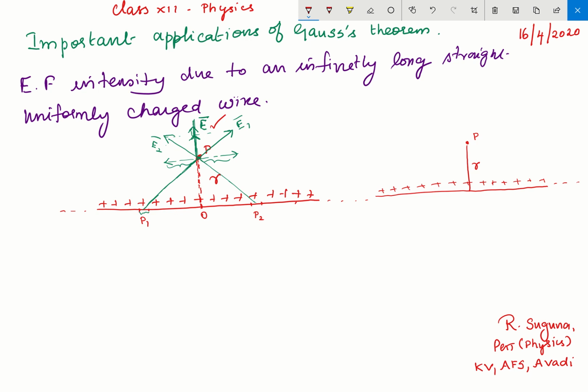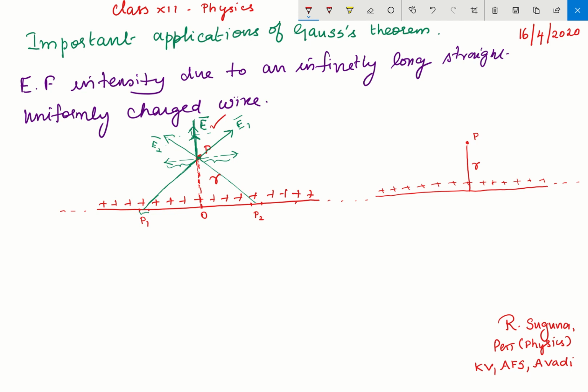Now I have to find out the magnitude. For that you have to apply Gauss theorem, and you need a Gaussian surface. What is Gauss theorem?